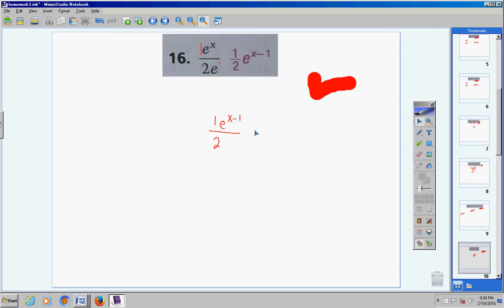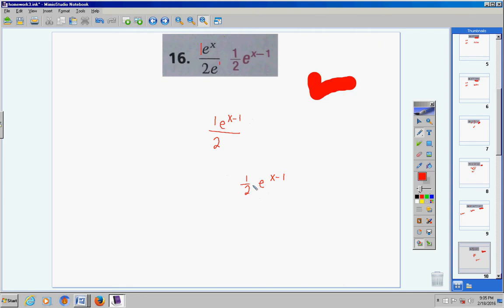Now let me explain to you what they did. It's no big deal. This is totally acceptable right here. In fact, if you want to get rid of the 1, that would be fine also. Okay, that's fine. What they did is they pulled the 1/2 out front, and they put 1/2 e to the x minus 1. Let me show you why it's the same thing. Okay, watch this.